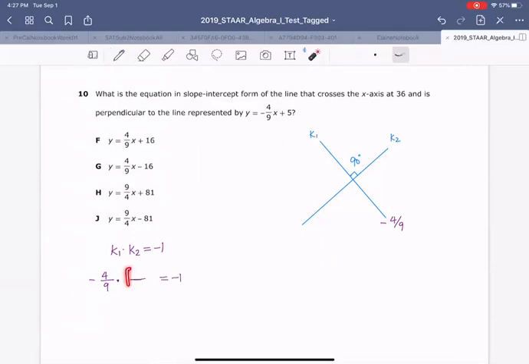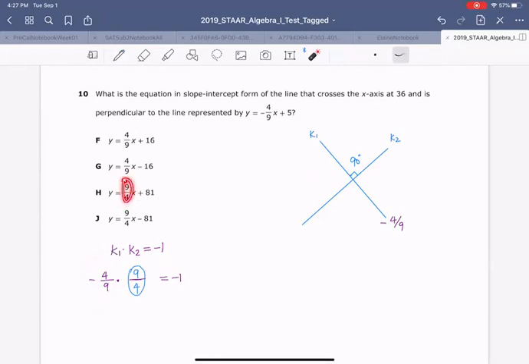What should this equal? You see here, a negative times a positive is negative, right? You flip, you make this upside down. 9 over 4, right? So you are looking for a line that has a slope of 9 over 4.